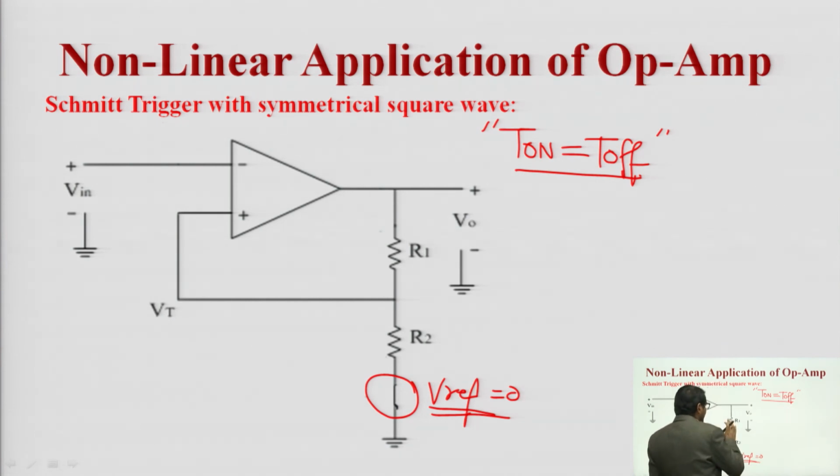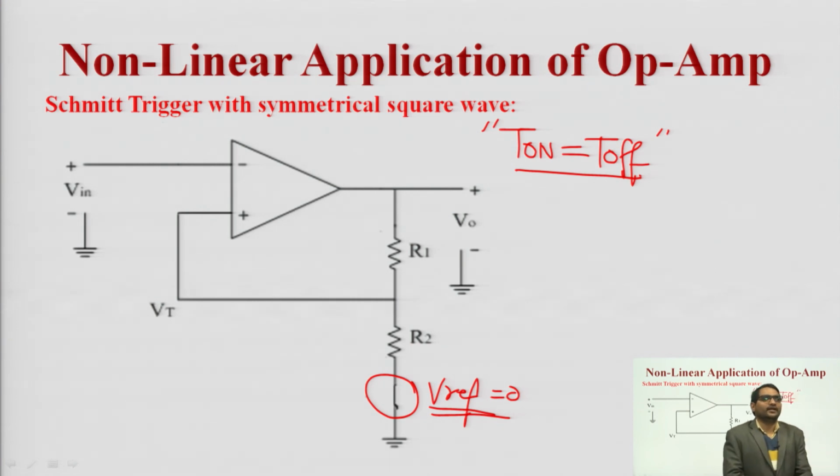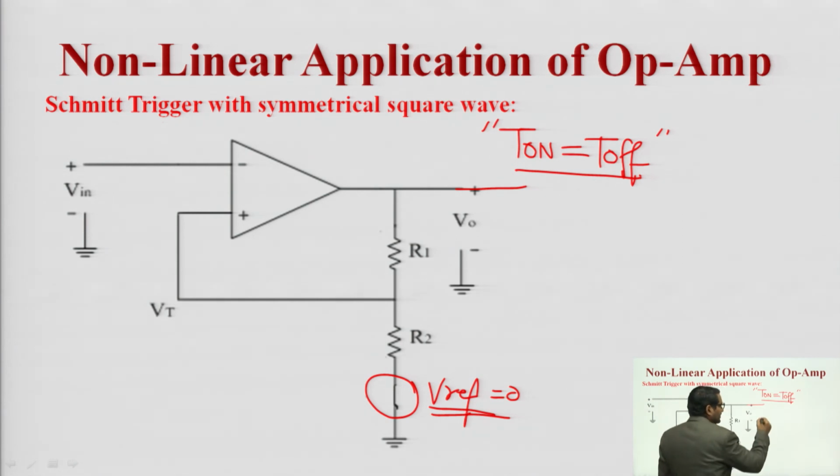The Schmitt trigger can replace the fast triggering of a conventional comparator. And if you try to limit the output, the Schmitt trigger can be used as a limiter circuit.